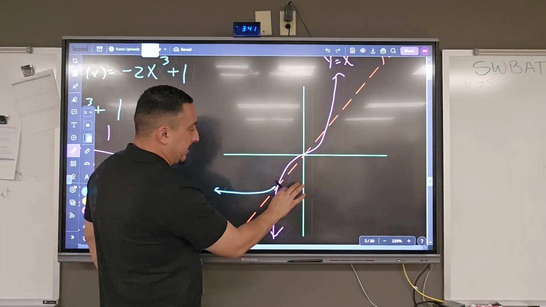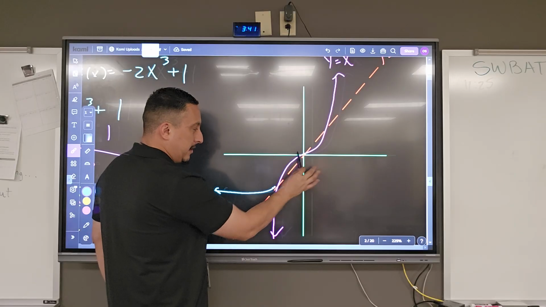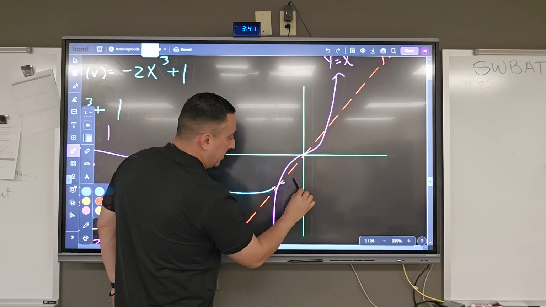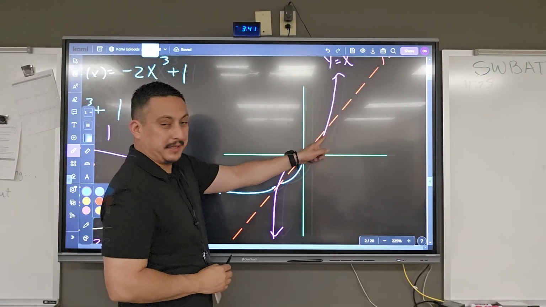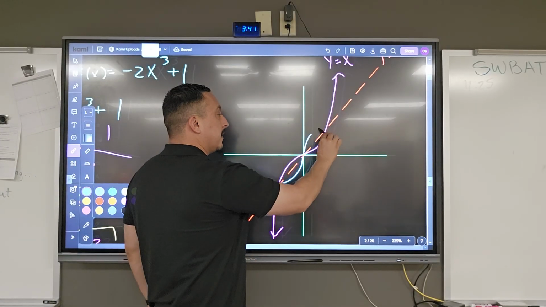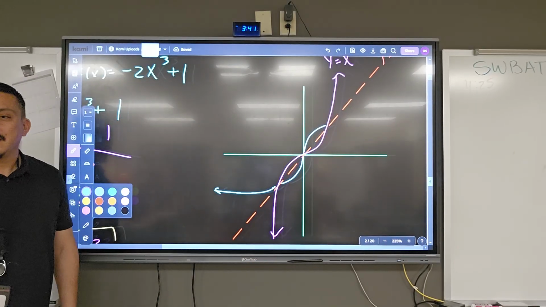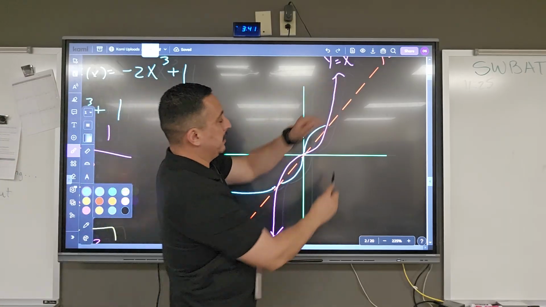Now I'm just gonna reflect this piece. So if I fold it, and then I just reflect that piece, and then I just fold this piece.